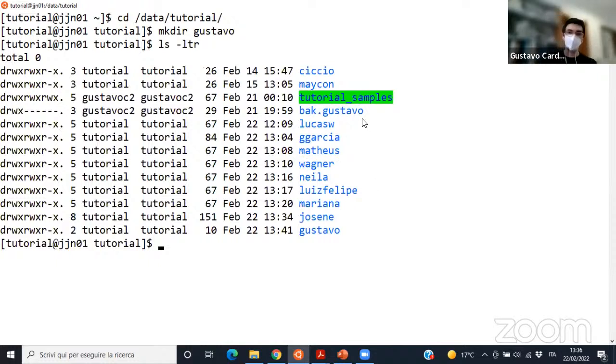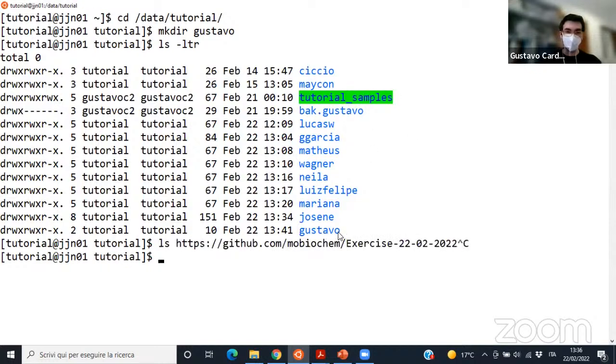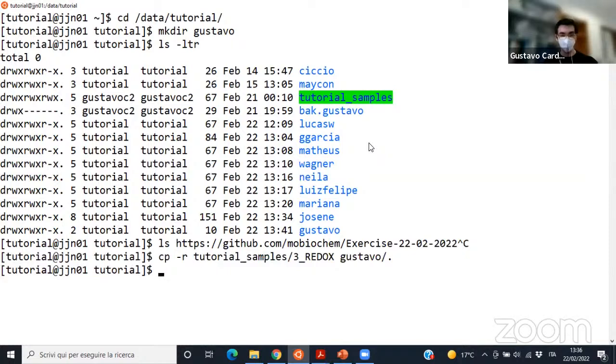So let's copy the tutorial samples folder, which in this case is going to be called 3 Redox. So let's copy this folder here, 3 Redox, in our working directory, with -r, so I'm copying it here. Okay.